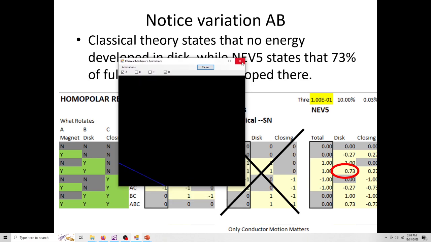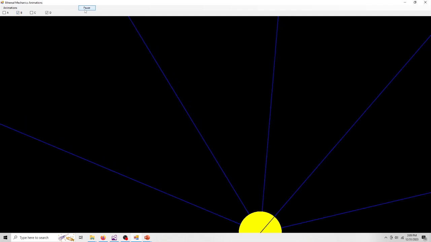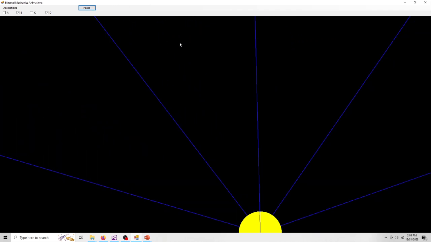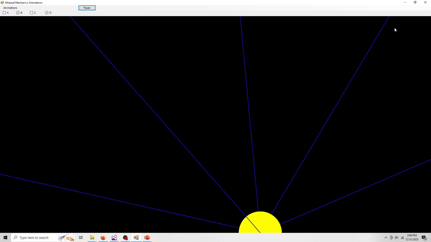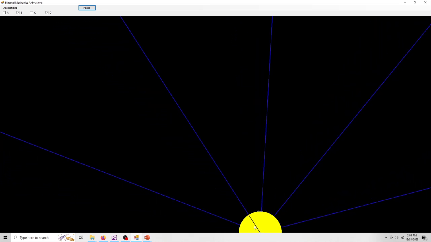This is a simulation. I did this with the video for the unabridged, but I went over it in more detail. What I'm going to show you in this video is the field when the magnetic field moves with the magnet. So this is the magnet rotating. If the magnetic field lines had to rotate with the magnet, that means every point at every far distance has to keep up with the spinning magnet.